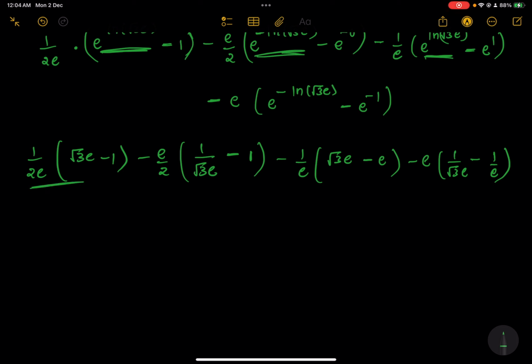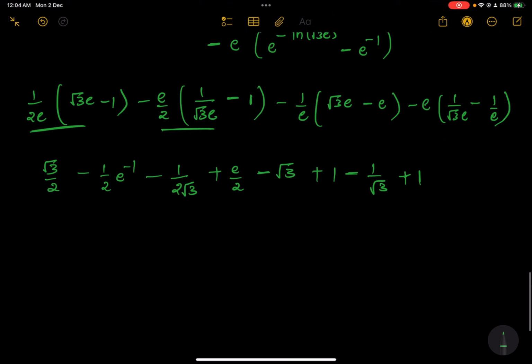Let us multiply. This will be root 3 by 2 minus 1 by 2 e inverse. Multiply these two, minus 1 by 2 root 3 plus e by 2 minus root 3 plus 1 minus 1 by root 3 plus 1.